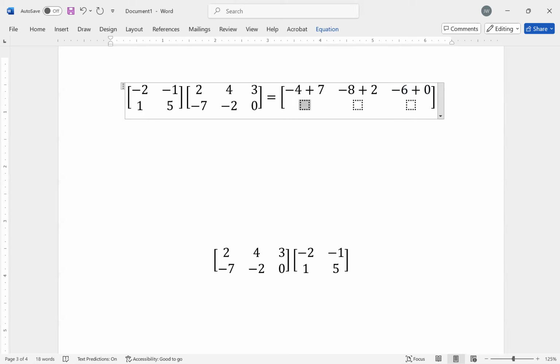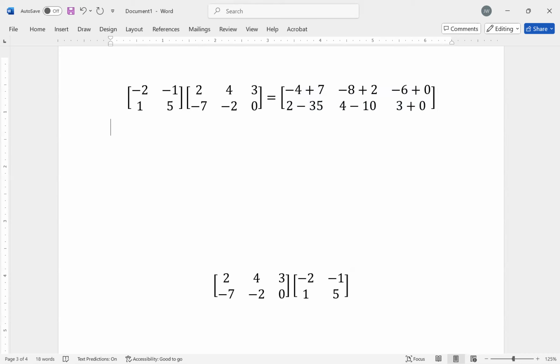Then I do the same process for the second row. 1, 5 times 2, -7 is going to give me 2 minus 35. 1, 5 times 4, -2 gives me 4 minus 10. And then 1, 5 times 3, 0 gives me 3 plus 0.